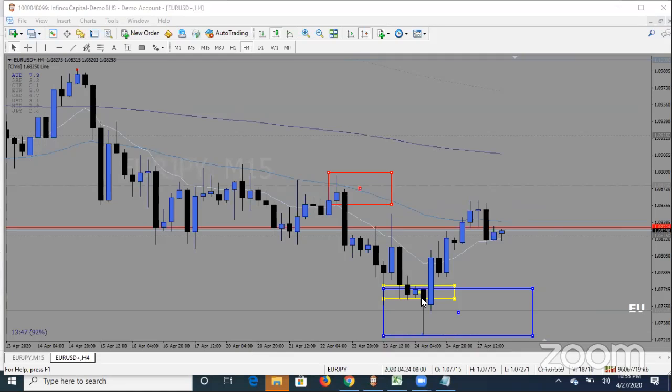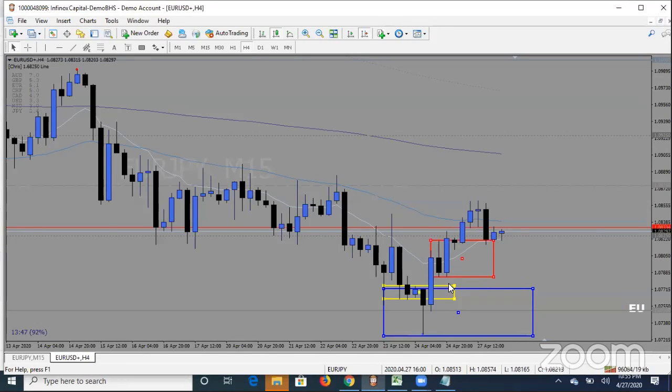So what would we be waiting for? We would be waiting for a retest of the breaker and the source to buy, which never happened. There was no retest of the breaker, neither was there a retest of the source. Price pulled back down and gave us a new high. So now I have a new order block here.